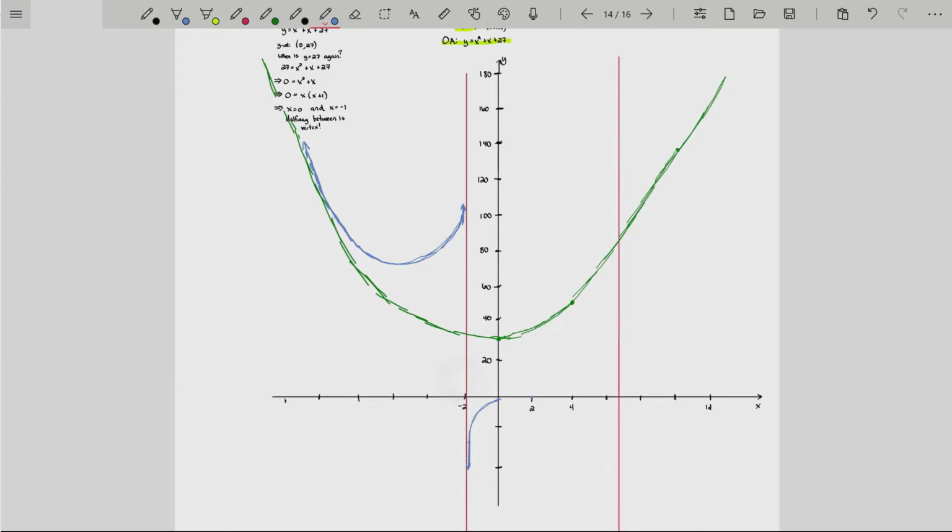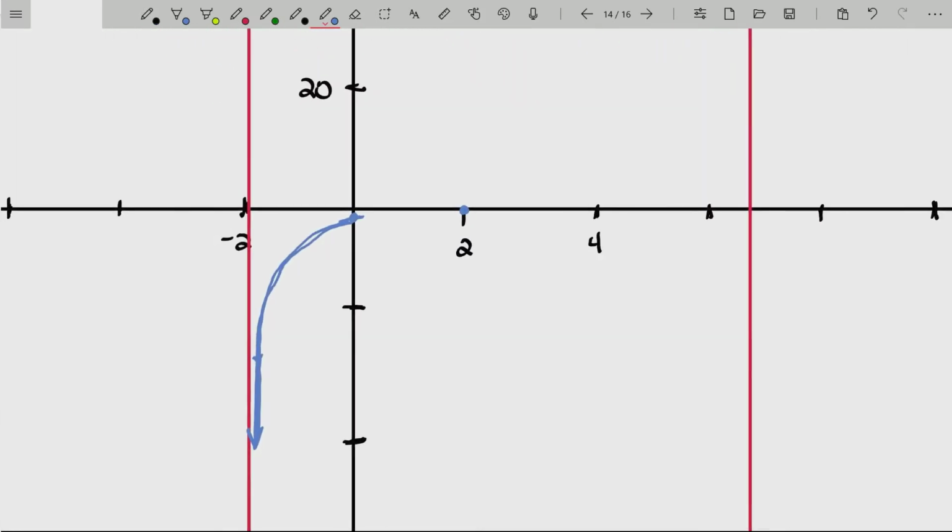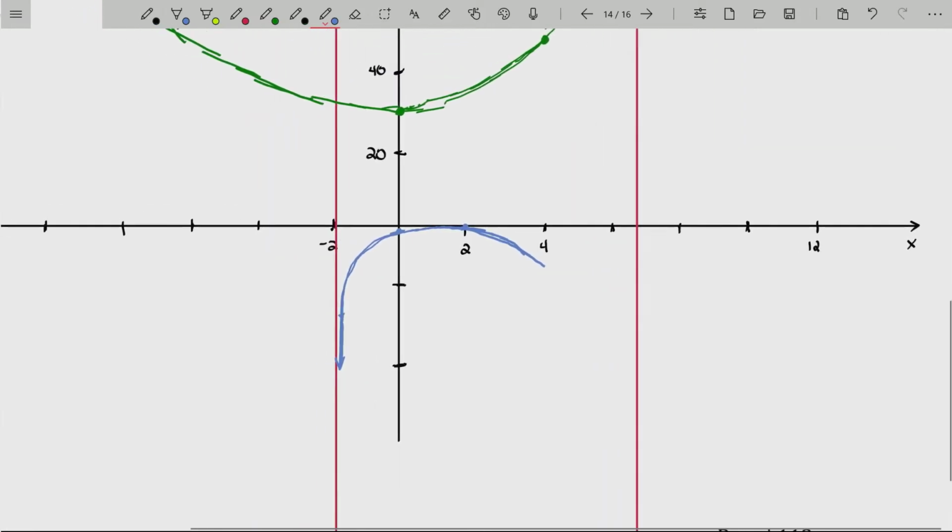And let's see, let's go to the right of the y-intercept. Remember the x-intercept of 2 is even multiplicity 2. So it's going to bounce off that like a parabola. It won't go through it because an even multiplicity causes the curve to bounce off.